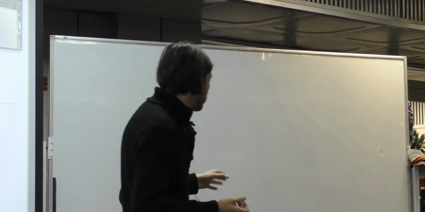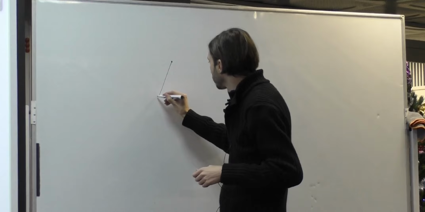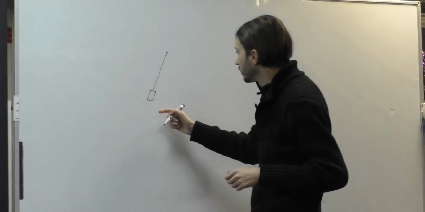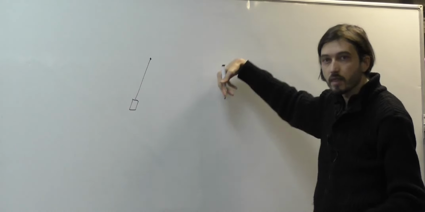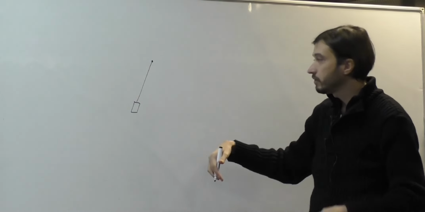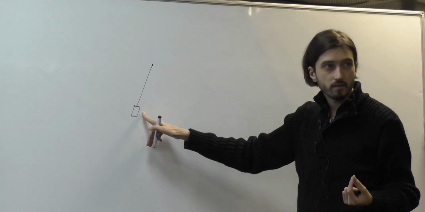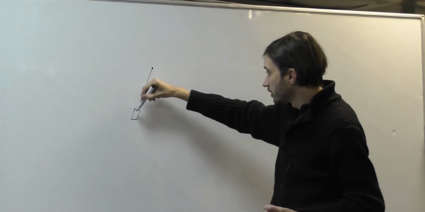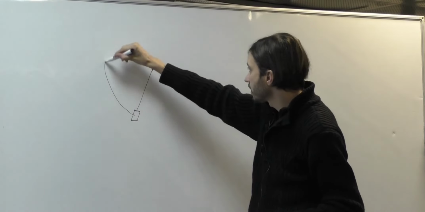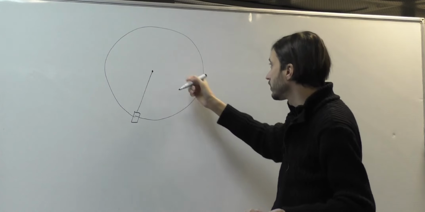And here is an example for you. Suppose I have a pendulum. It's just some sort of mass, and this mass can swing here and there. If you think about all the possible positions that this mass can have in this plane, you will most certainly say that they all lie on some sort of circle of radius r.